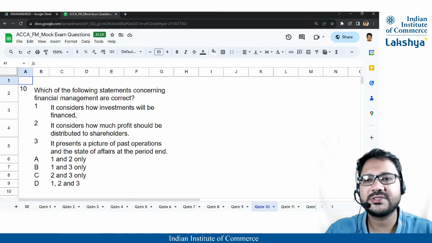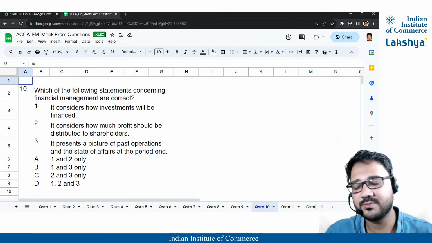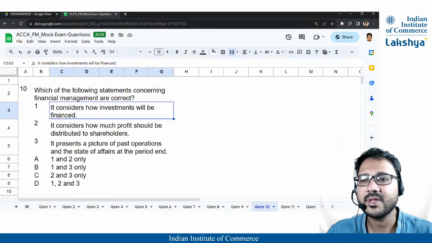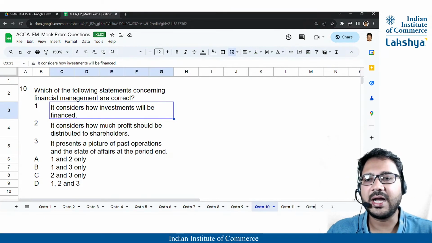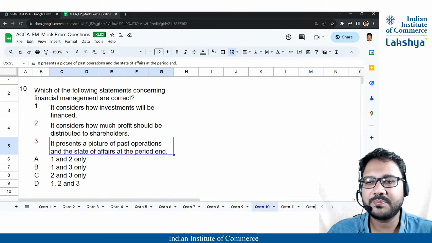Which of the following statements concerning financial management are correct? This is from the initial topics we did. It considers how investments will be financed. It considers how much profit should be distributed to shareholders. And it presents a picture of past operations and the state of affairs at the period end.